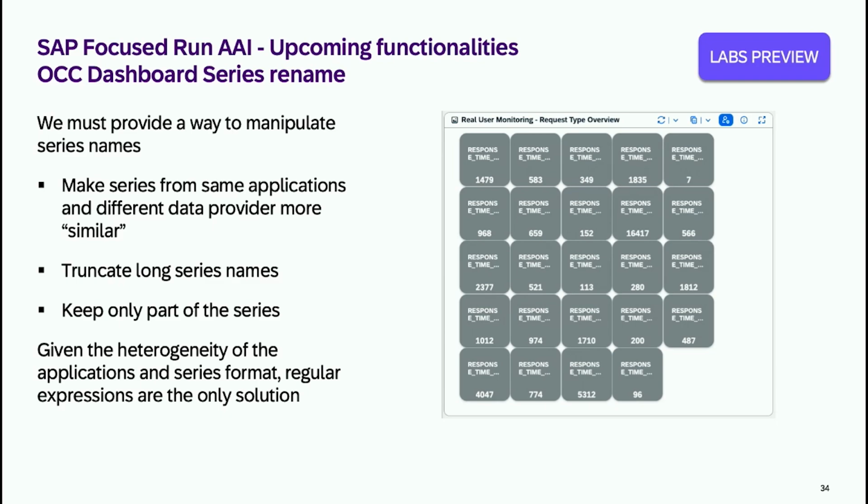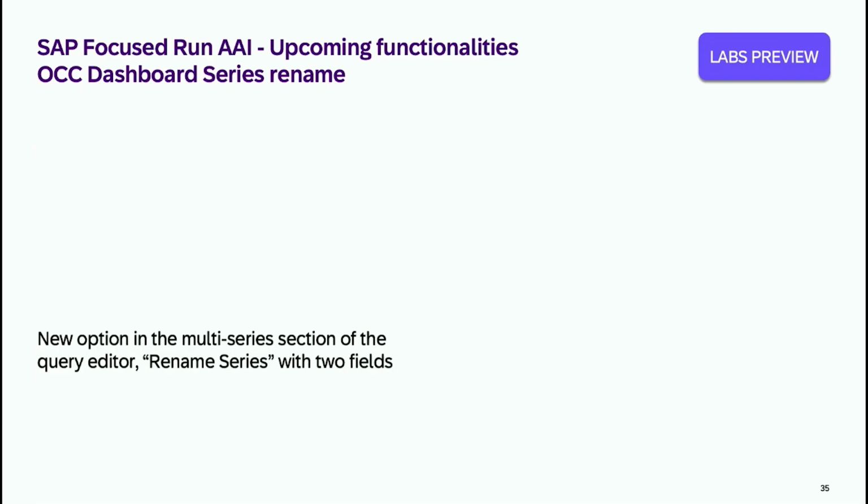And you see this is the name of the series. They always start with something, response time something, depending on the metric that you select, and then the interesting part, the fun part, is at the end. So in some cases, you may want to manipulate, to truncate, or to do something with this series to make it more interesting. So this is what we did here.